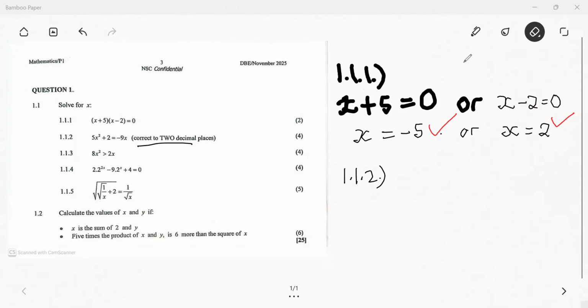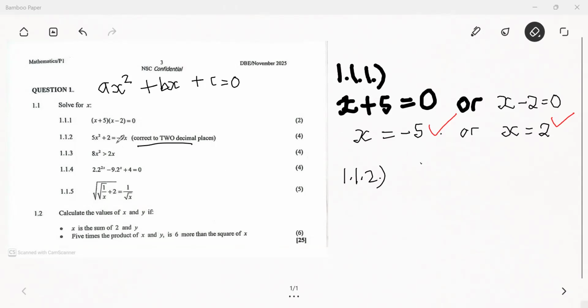And how will you get to that? Well, this looks like something that's quadratic. And remember, quadratic form is ax² + bx + c = 0. That's a form of a quadratic equation.